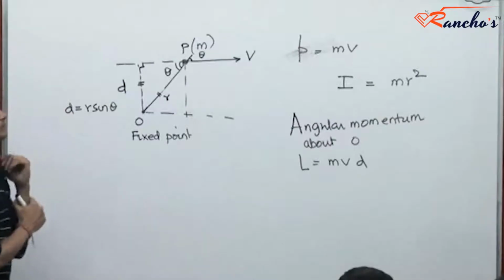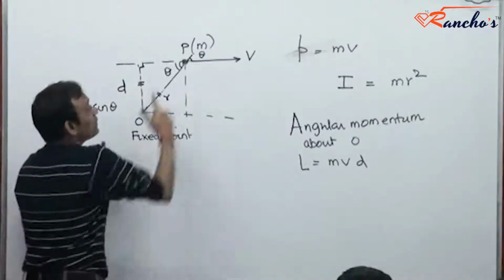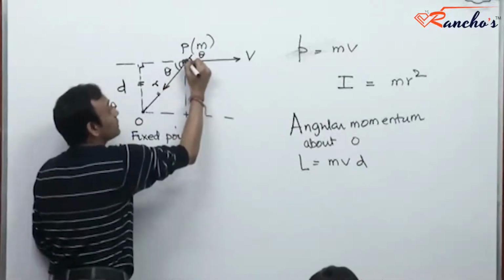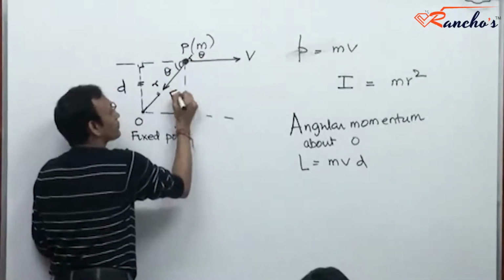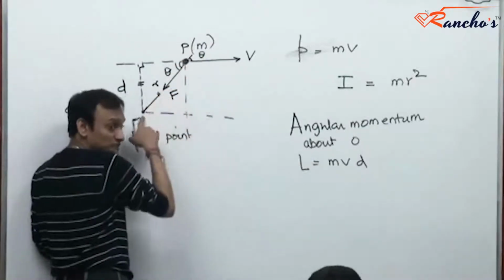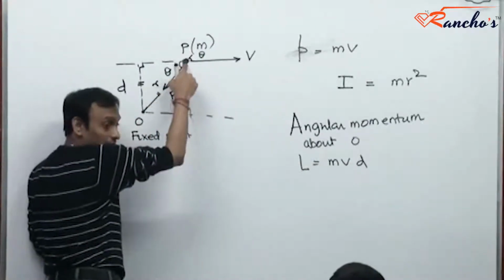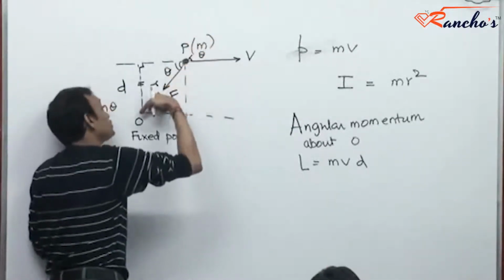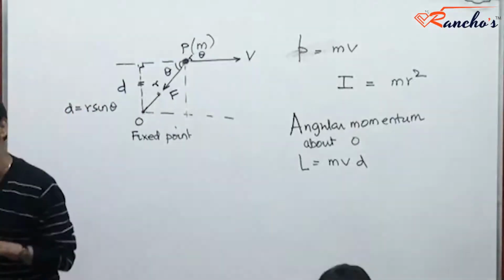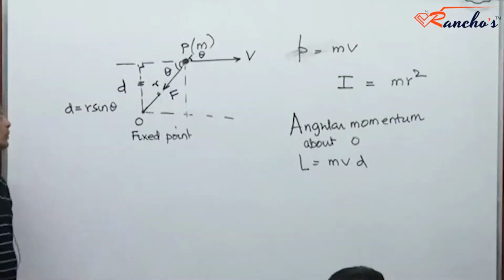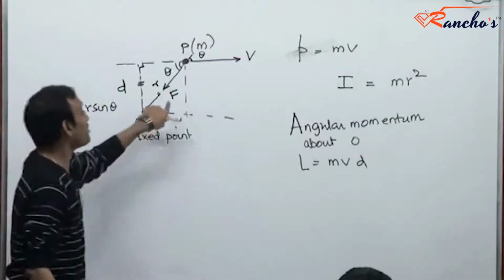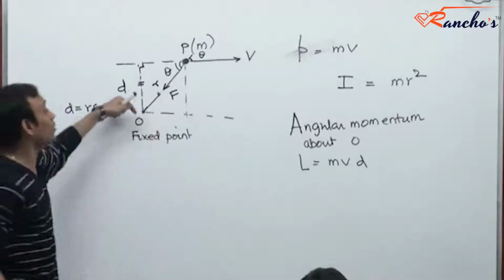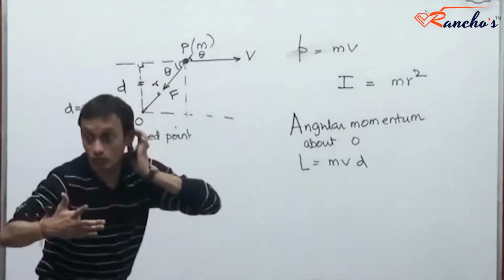The other thing now, if the particle P experiences a force F whose line of action always passes through this fixed point O, then the torque that F produces about O will be 0, right?